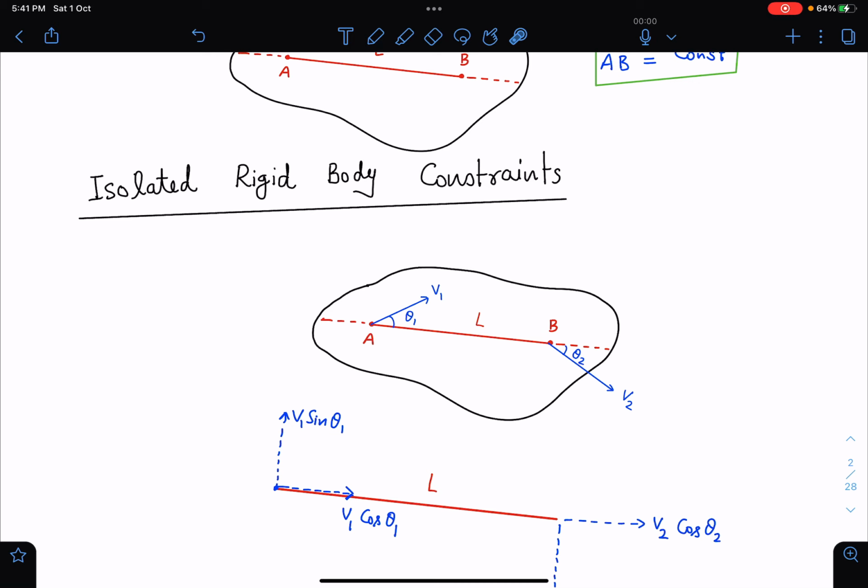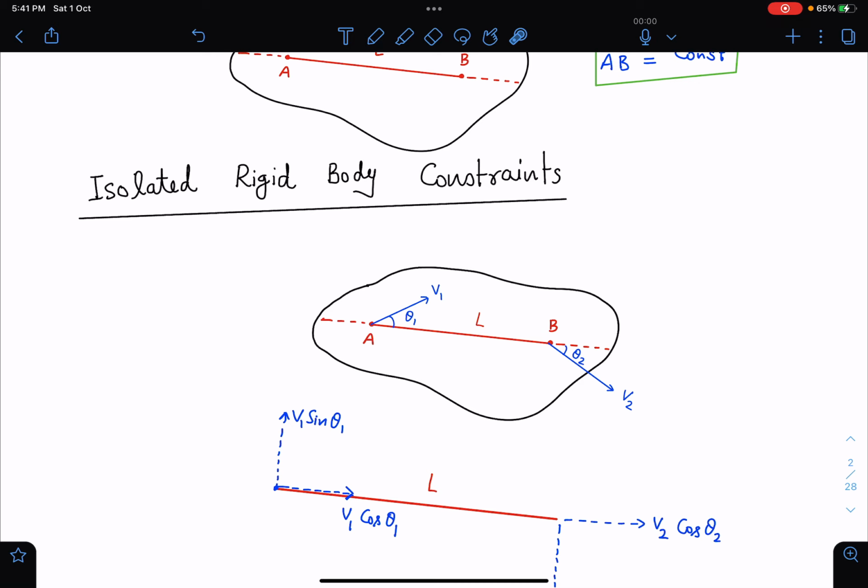Here I can resolve these velocity components: v1 cos theta 1 and v1 sin theta 1. Similarly, v2 sin theta 2 and v2 cos theta 2. Now if this length is not changing, the velocity along the line joining these two points is going to be the same. This is one limitation which we are going to use in our problem solving.